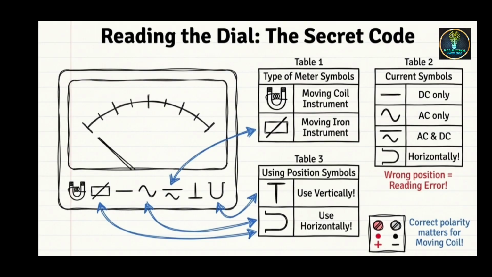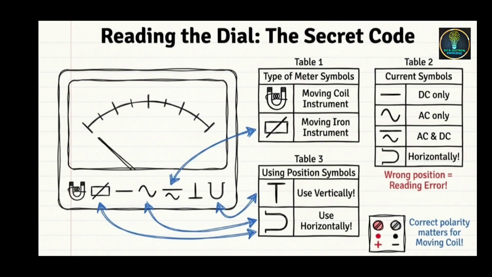Table number 2, current symbols, is represented in the table, like a straight line for DC only, a sinusoidal wave for AC only, a straight line and sinusoidal wave represents AC and DC, and lastly the symbol like a U is represented horizontally.